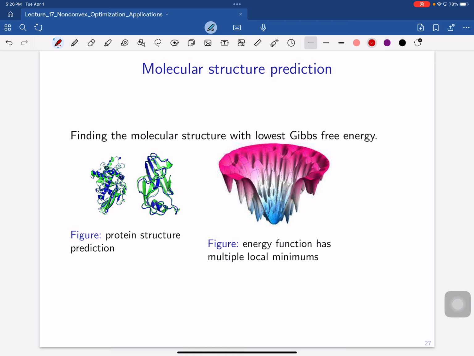Of course, they use deep learning methods to predict the structure. But in principle, this can also be formulated as a global optimization problem where you want to find the structure that minimizes the Gibbs free energy.